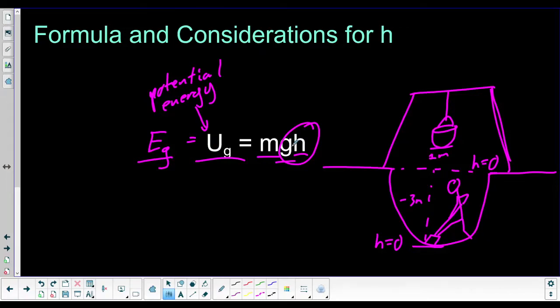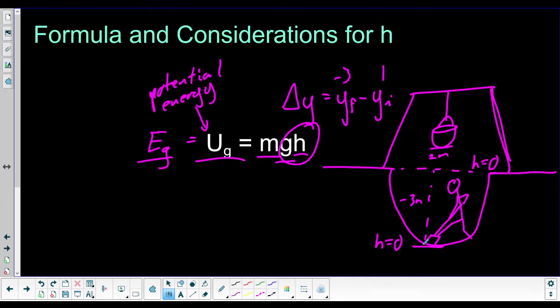It might be a little more reliable to think of your h as your delta y, change in the vertical direction. So when we do y final minus y initial for the delta, your initial would be 1, your final would be negative 3.